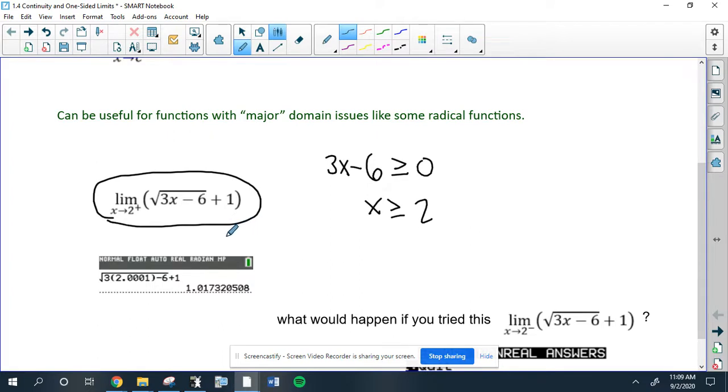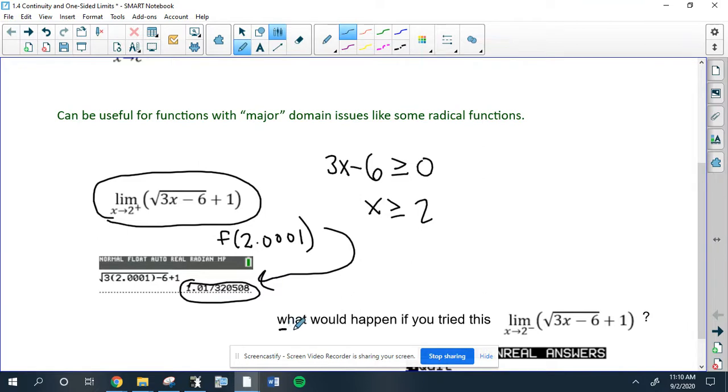We'll just use a number that's close to 2 on the right. In other words, 2.0001. And you notice I did that right here. I plugged in 2.0001 for x, and I got this.